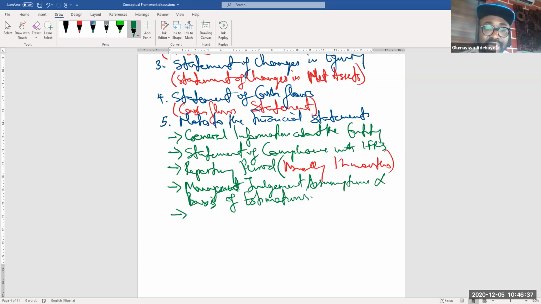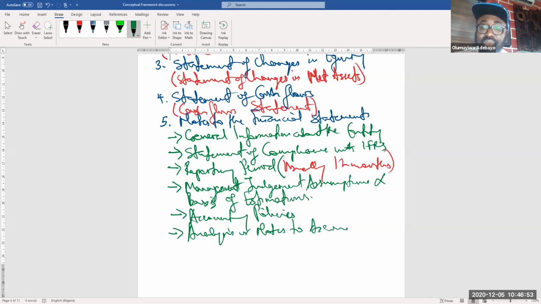Thereafter, you talk about the accounting policies of the company. Thereafter, you have analysis or notes to accounts, on the line items in the financial statement. For example, you start to have a breakdown of your revenue. What is the composition of your revenue?